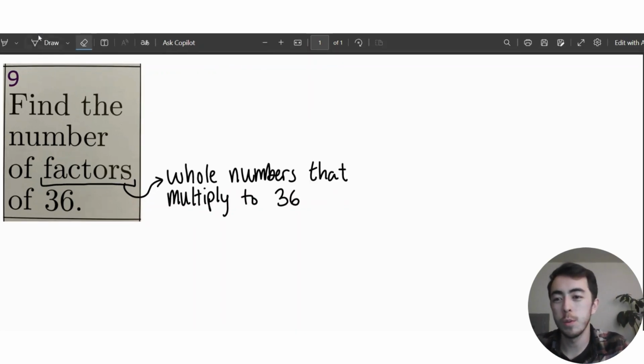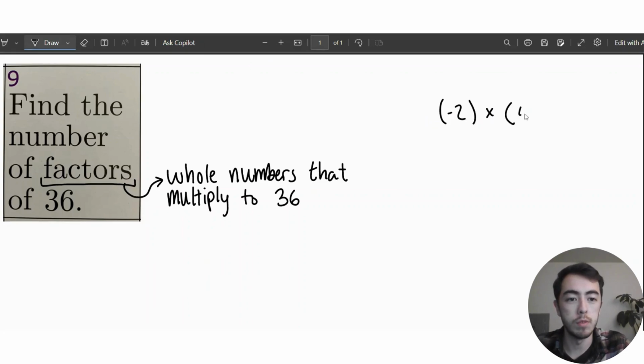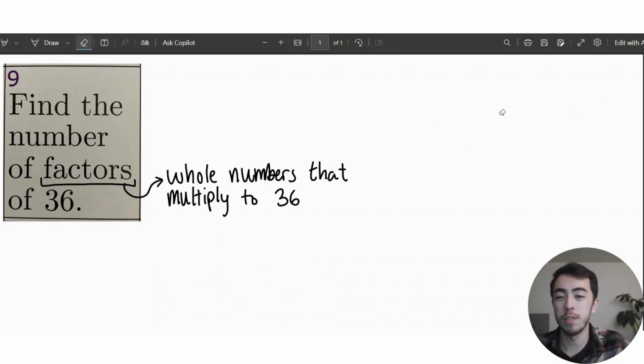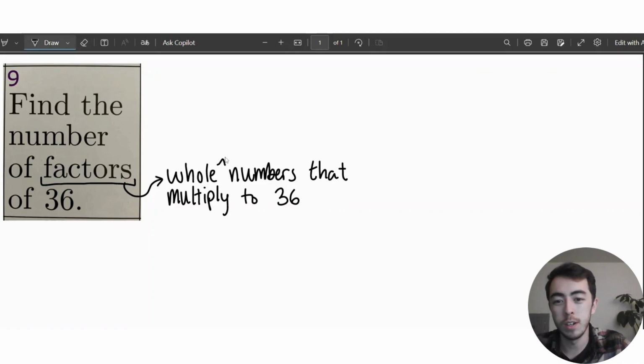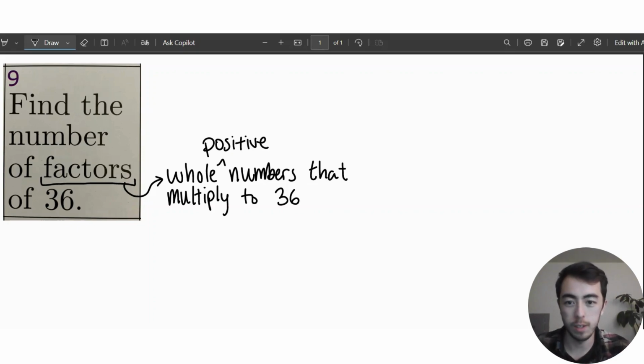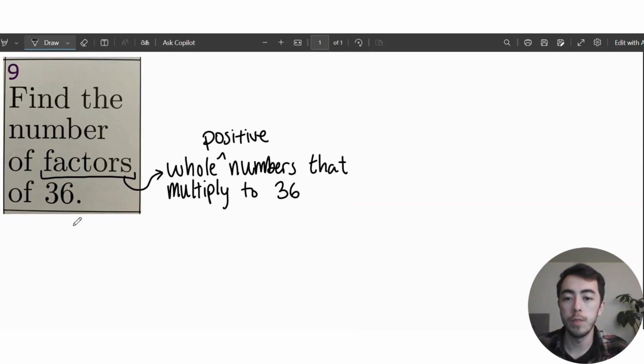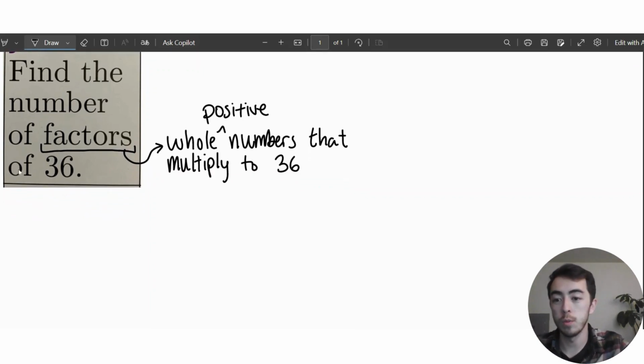Although I can use the word factor to refer to a negative number, like if I do negative 2 times 4 equals negative 8, I can say that this negative 2 is a factor because it's a thing being multiplied. For this search of factors of 36, I'm just going to consider whole positive numbers instead of thinking about possibilities of negatives here. So the first positive number to check is 1.